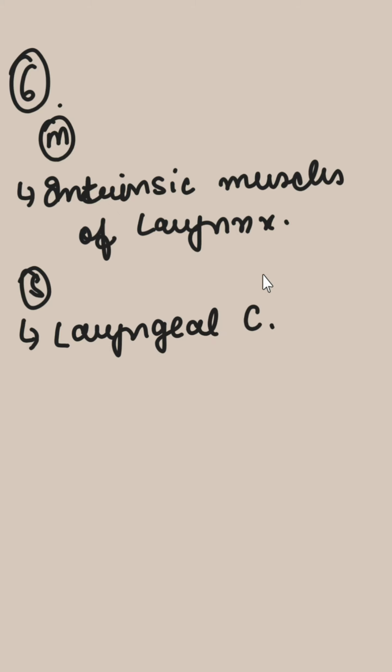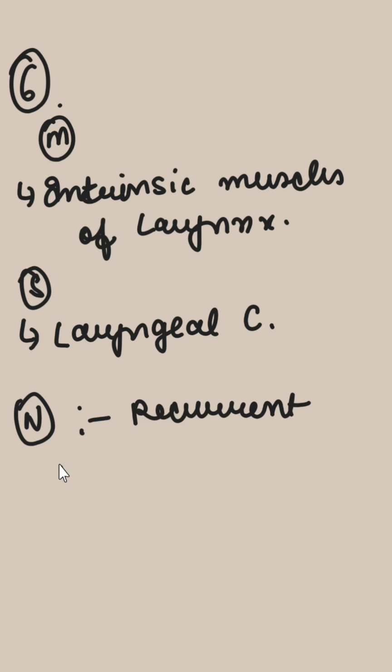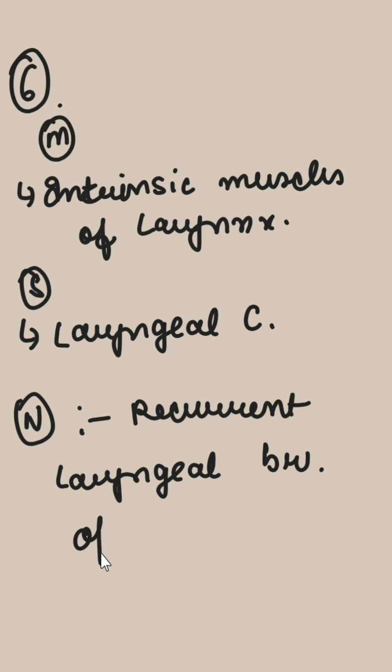Those are the thyroid, cricoid, arytenoid, corniculate, and the cuneiform. And the nerve supply is by the recurrent laryngeal branch of vagus.